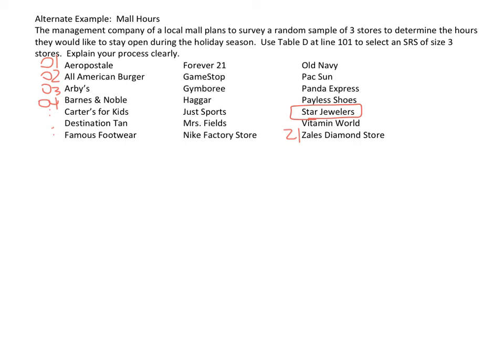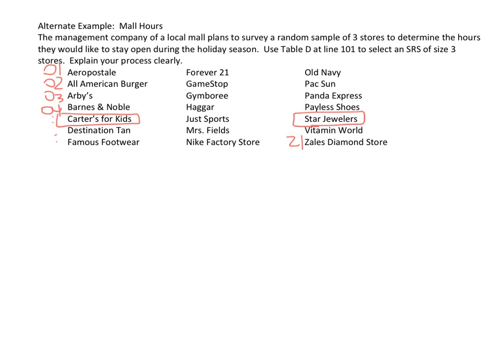And then we got 5 next, right? So Carter's for Kids. And then 13, which would be this one right here. So those are our 3 stores, and then we go and survey those 3 stores.